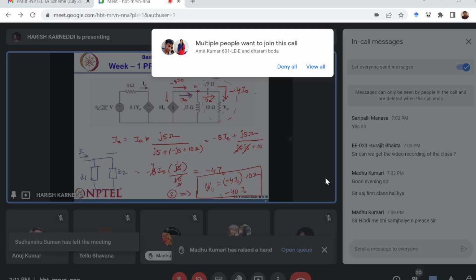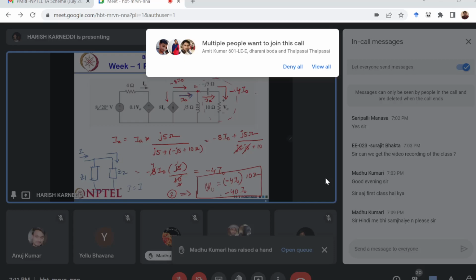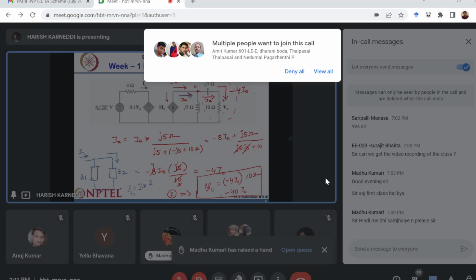The current flowing through Z2 is I_Z2 equal to the total current I into the opposite impedance, that is Z1, by the total impedance, that is Z1 plus Z2.